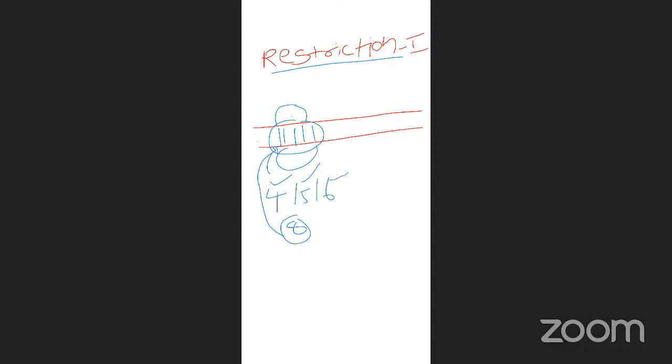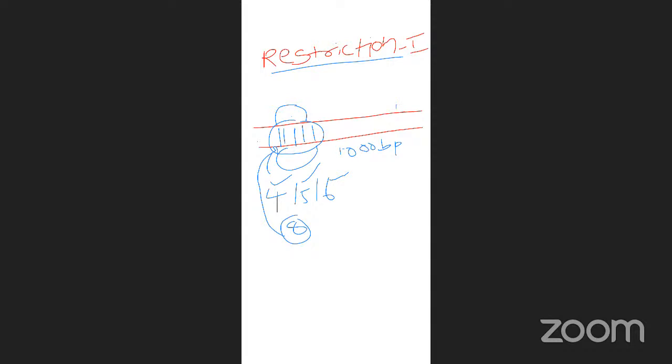Remember, I am talking only about the restriction site. But the cut is upstream or downstream, 1,000 base pairs away.